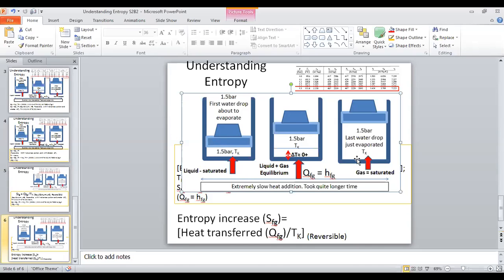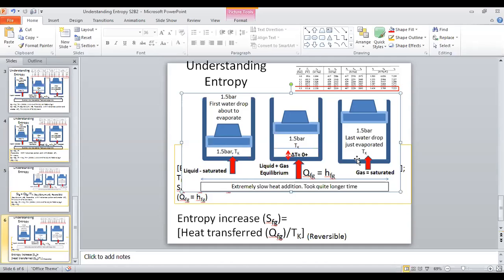Finally, the last drop of water has just evaporated. If you reverse the heat, that steam turns back into water, and the piston moves a bit down correspondingly because there is no friction.